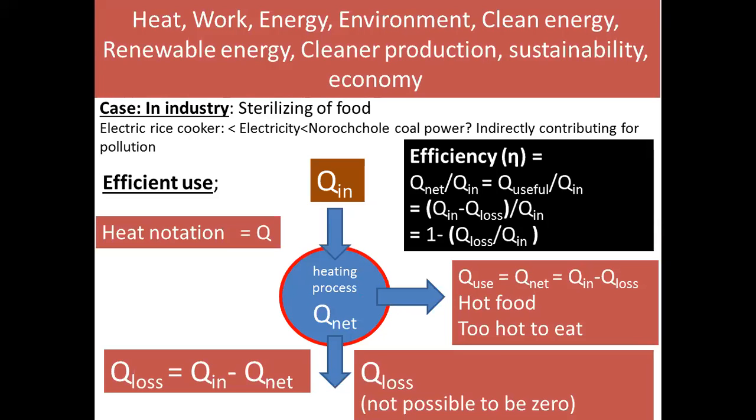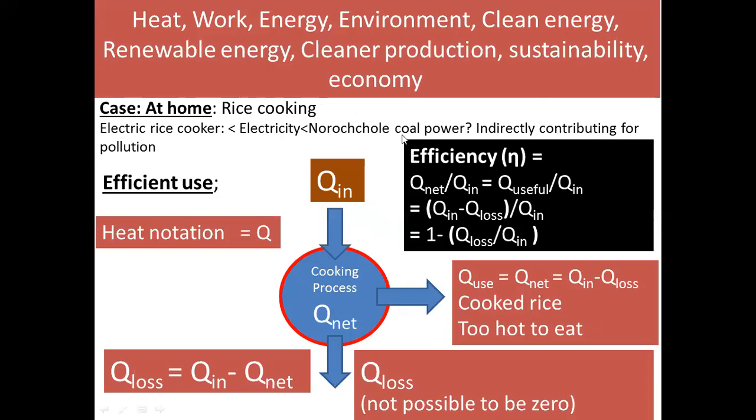Heat, work, energy, environment, clean energy. So these are the keywords we have put for last week's discussions, and we have realized that if we take some processes, we took the cooking process.